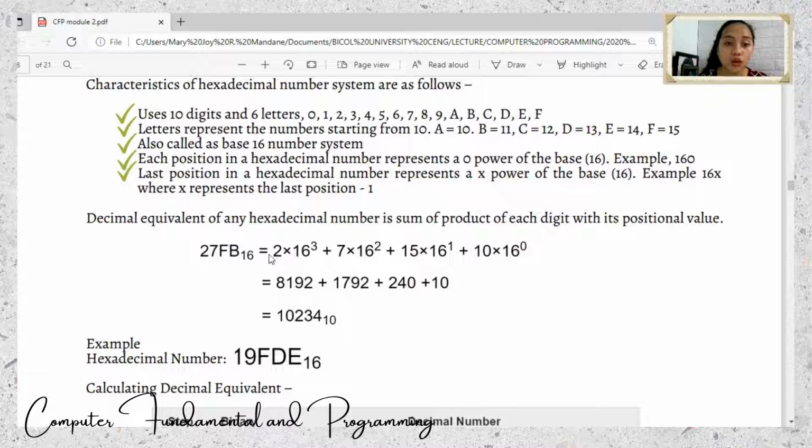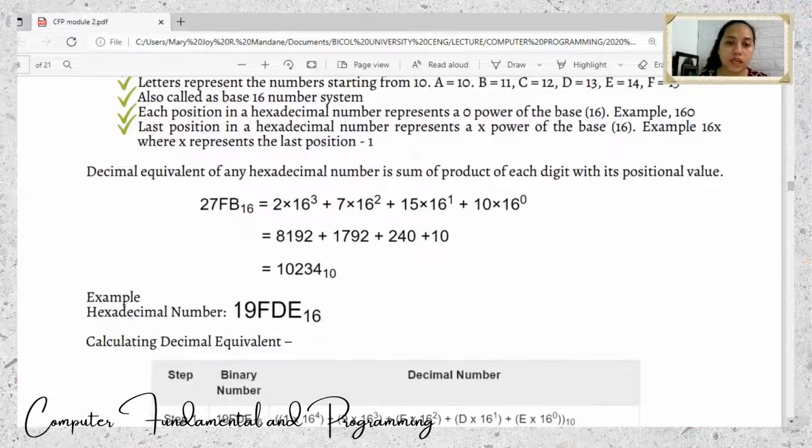So we have 2 times 16 raised to 3, plus 7 times 16 raised to 2, plus 15 times 16 raised to 1, plus 11 times 16 raised to 0. Okay, so the answer is 10,234 sub 10 because a decimal number has a base of 10.